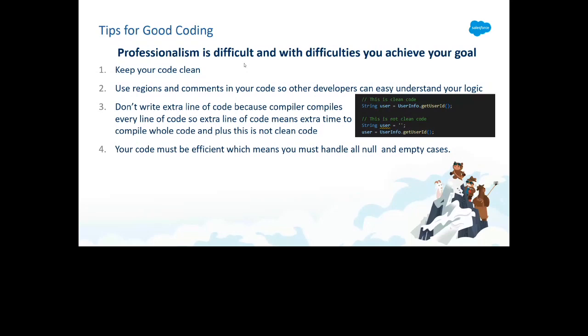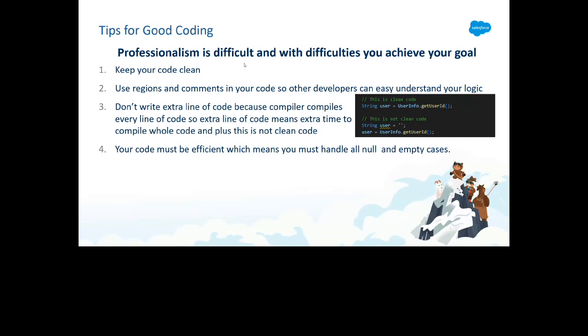He will try to understand that developer's logic. If you properly mention it in the regions or in the comments, then the incoming developer will easily understand what is going on in that code. So use proper regions and proper comments in your code.